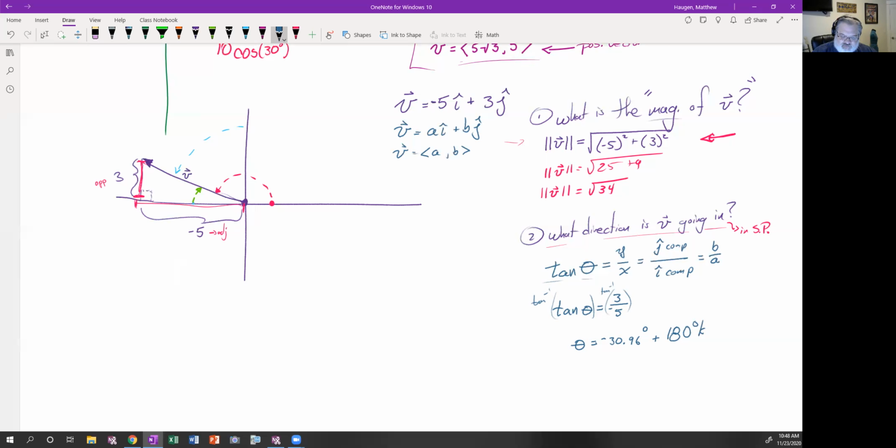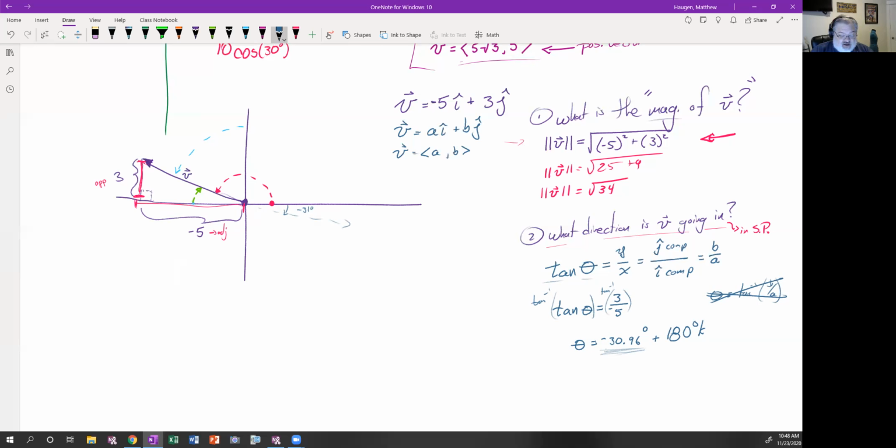Now, you'll notice your textbook does not say that the angle is equal to the tan inverse of b over a. The reason it doesn't say that is then the only answer would be negative 31-ish degrees. Is this angle at negative 31 degrees? No.